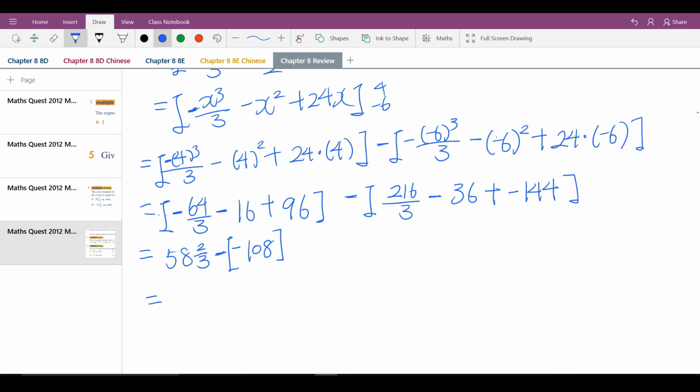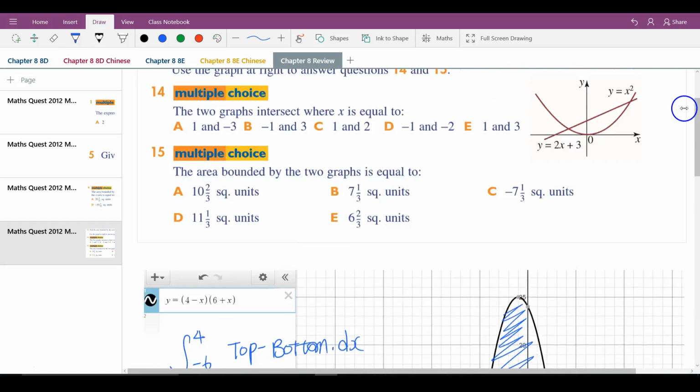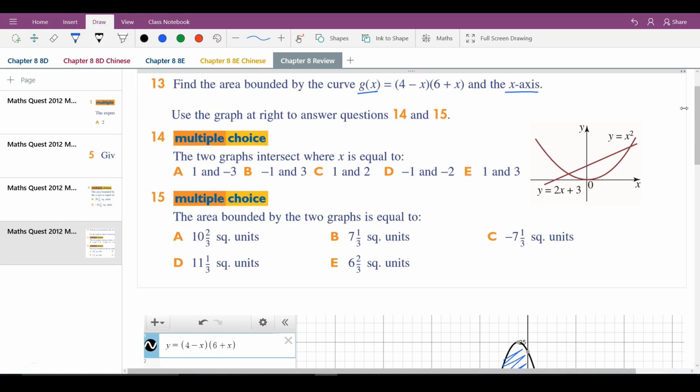So 58 and 2/3 plus 108 gives us 166 and 2/3 unit squared. And that is the answer for question 13. Now use the graph at the right to answer questions 14 and 15.